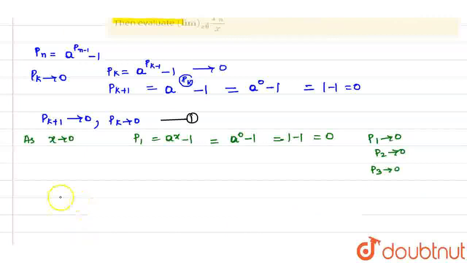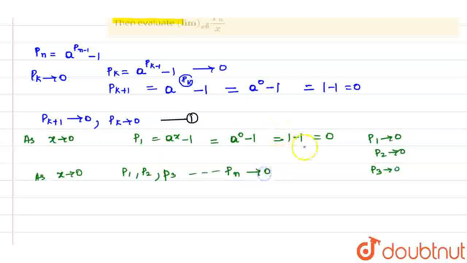Now as x tends to 0, I can say P1, P2, P3, dotted up to some Pn tends to 0, right? I have just proved this. I'm not writing anything without proof.